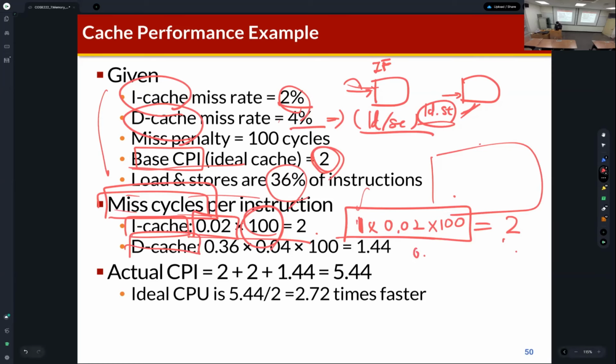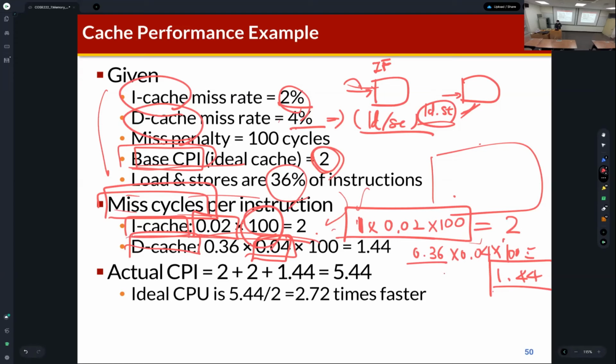The base CPI is the ideal case, which means all accesses to the cache are hits. And then because of cache misses, the clock cycles will be increased. We can calculate the increased clock cycles like this.